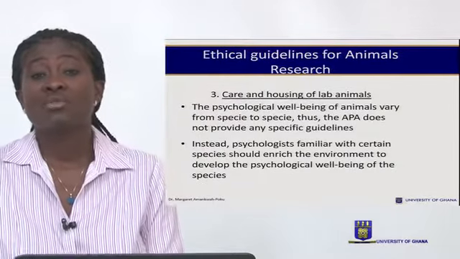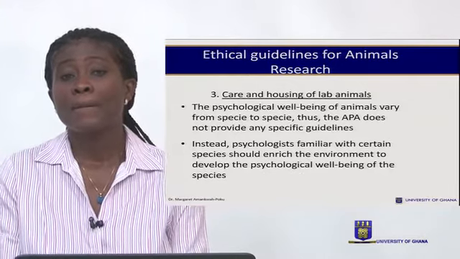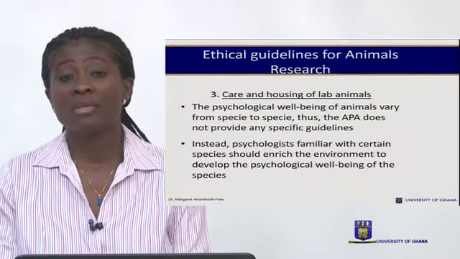The third guideline has to do with the care and housing of laboratory animals. So the psychological well-being of the animals may vary depending on the species that is involved in the study. So usually the APA doesn't give specific guidelines as to the care and housing of laboratory animals.